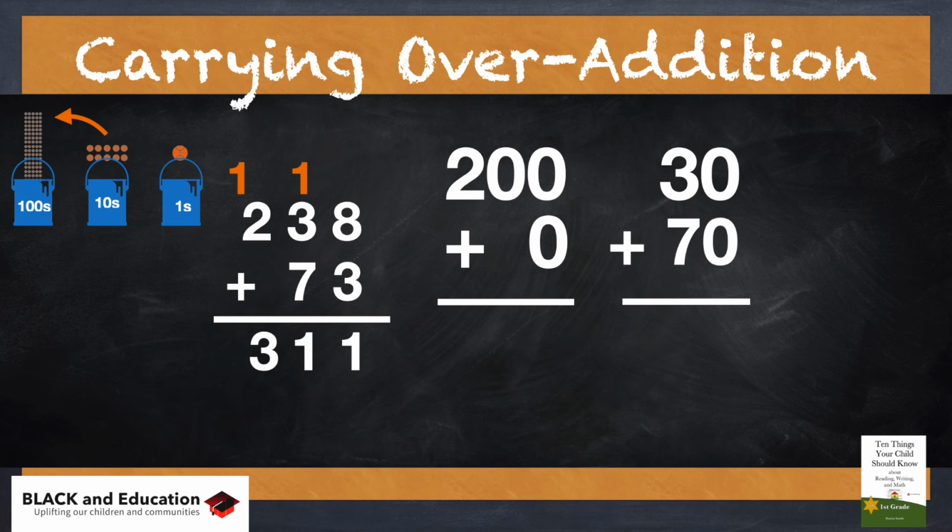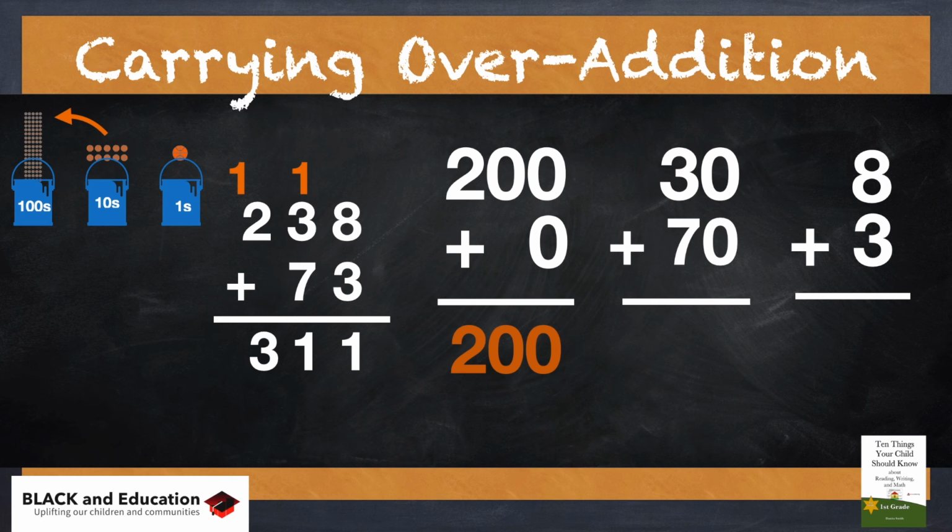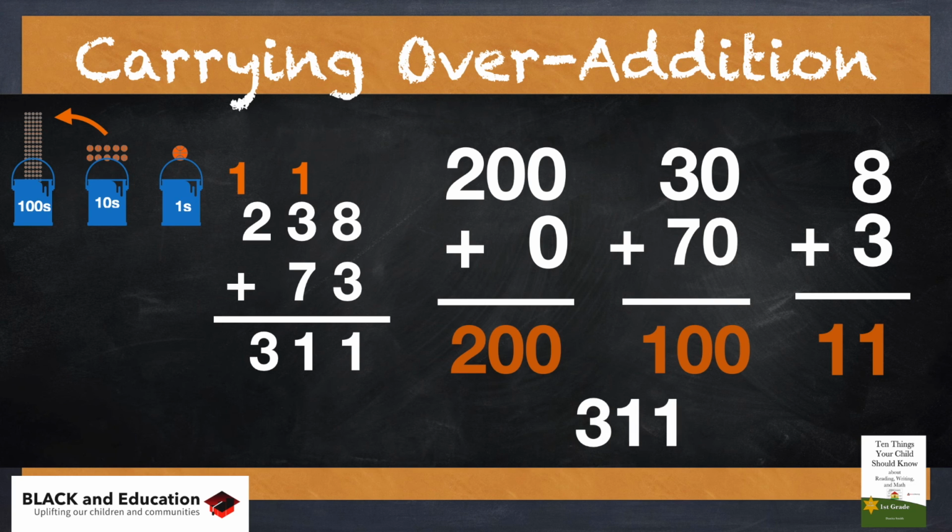So that's 30 plus 70. And then when I look at the last part, I have 8 ones plus 3 ones. And when I add this all up together, I'm going to have 200, plus 100, plus 11. And you can see right there that obviously 238 plus 73 is equal to 311. So you can even break it apart like that as you look at it and see what you're doing.